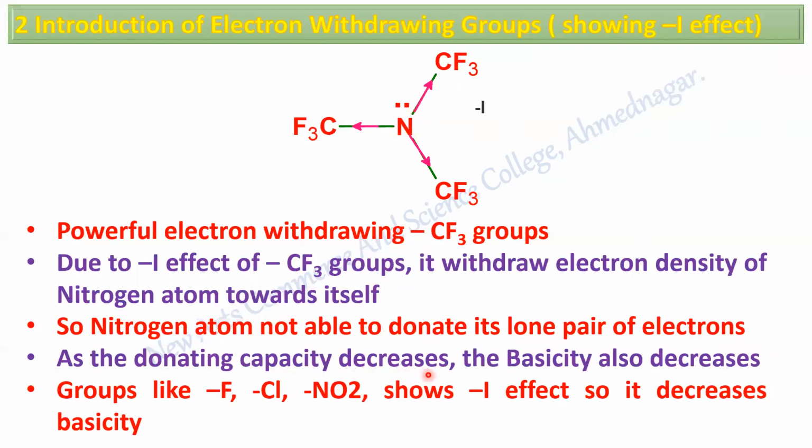As the donating capacity decreases, the basicity of course decreases. So groups like fluoro, chloro, nitro, all show an electron withdrawing inductive effect. If such groups are present, then the basicity of the aliphatic compound decreases.